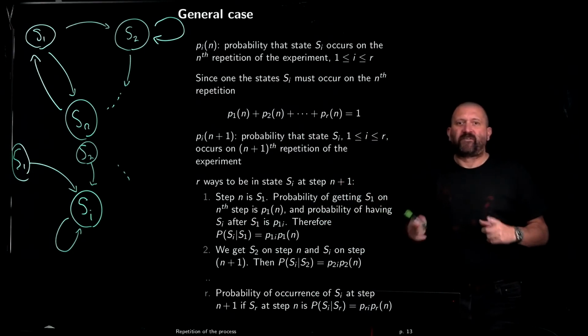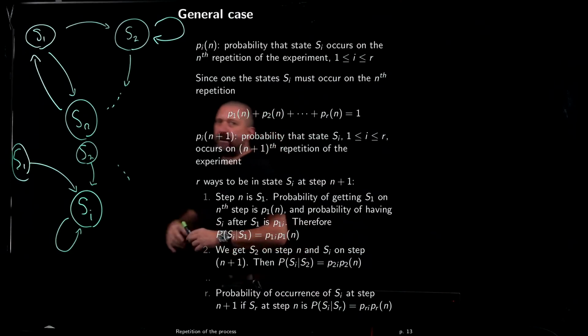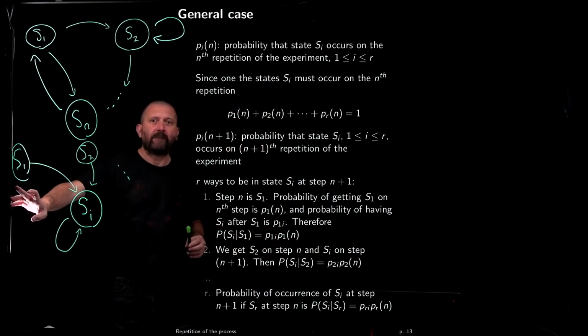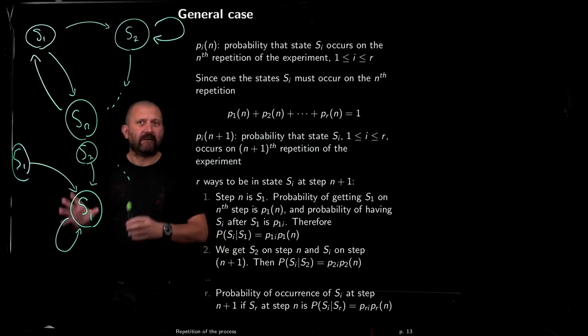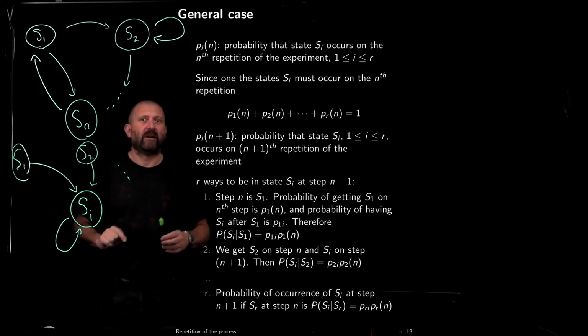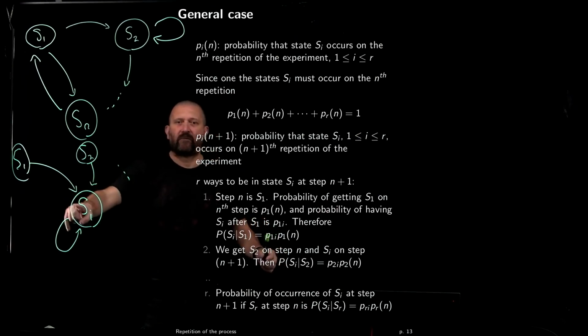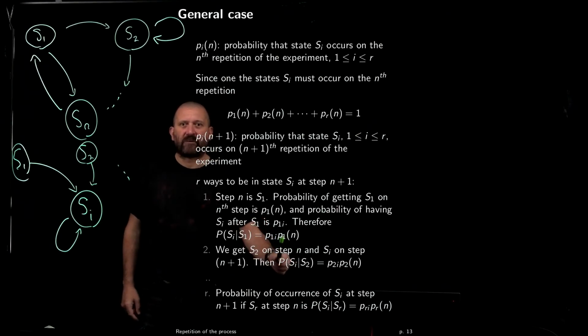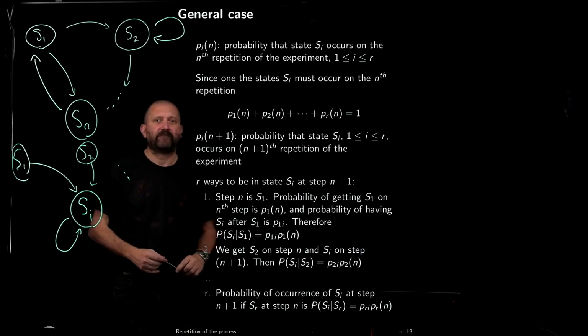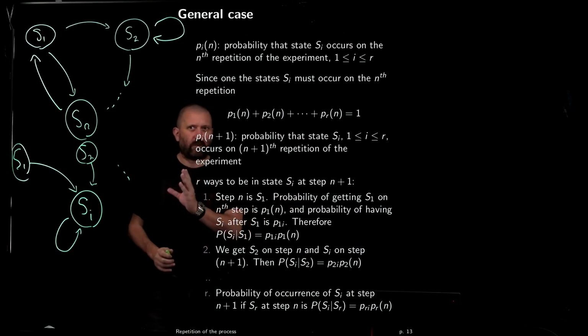So first thing that could happen, it was in state 1 at time n, and it switched to here at time n plus 1. Then the probability, remember how we define this, the probability of switching from 1 into i is what we denoted p_1i here, probability of moving from 1 to i.